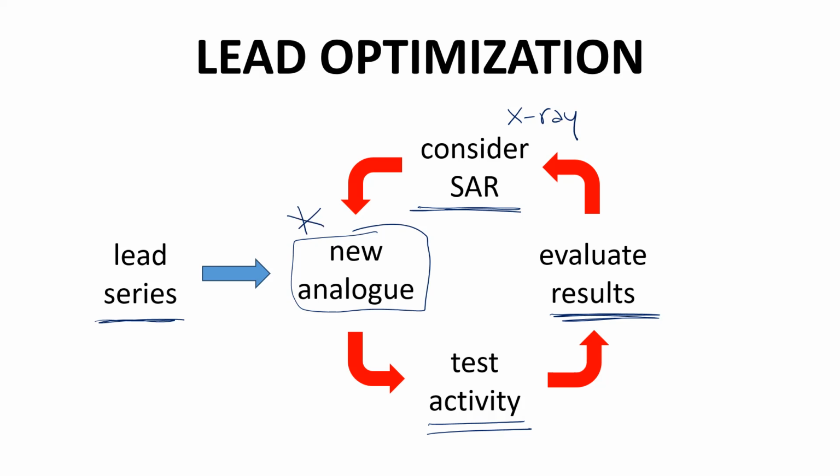By repeatedly going through this feedback cycle, hopefully we can generate a compound that has adequate properties, potency, efficacy, PK, and safety to become a clinical candidate for the discovery program.